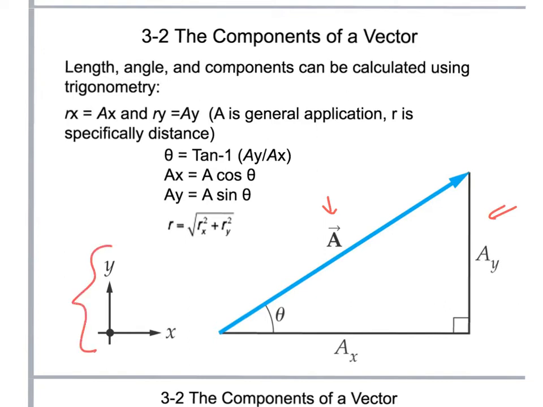We always need to put our coordinate system, and we always need to start our vector at the origin and end at our destination, and then we can fill in that right triangle right here. So there's our right triangle, and we have our vector A and our components A sub Y over here and A sub X right here.